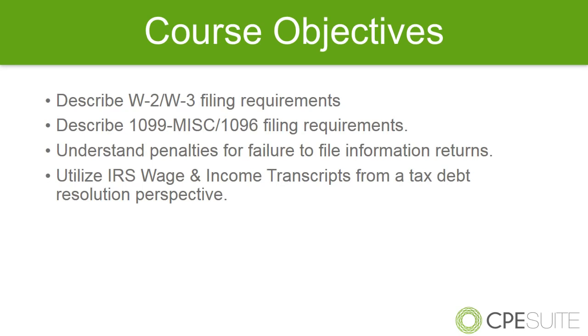And at the end, we're going to take a look at the applicability of wage and income transcripts from a tax debt resolution perspective. So we're going to cover the filing requirements, the general types of information returns that need to be filed, the penalties for those, and then once those are filed, what we can do with them when representing a client.